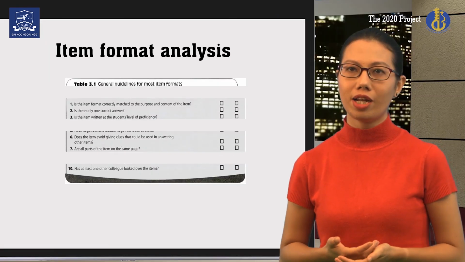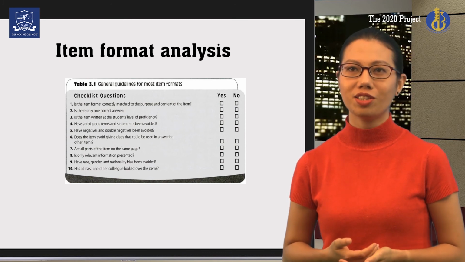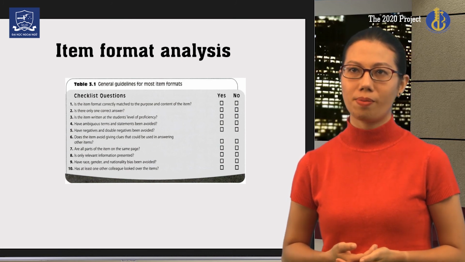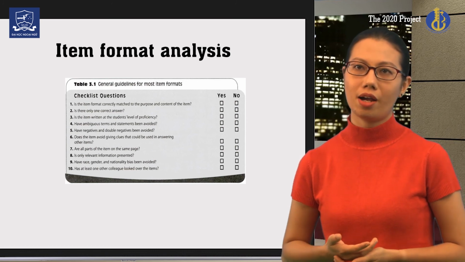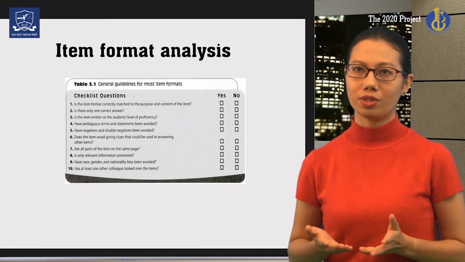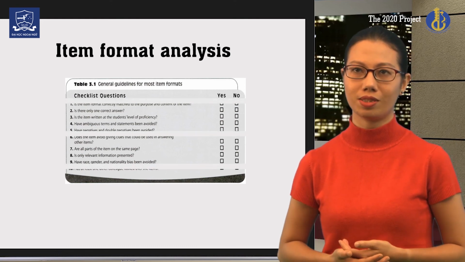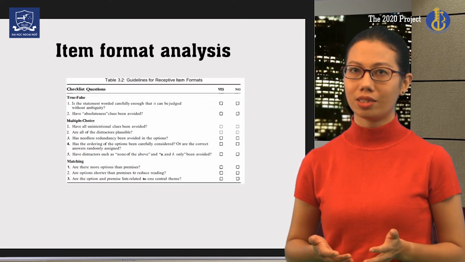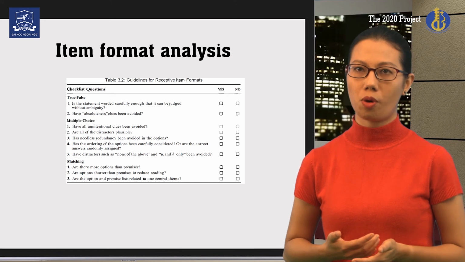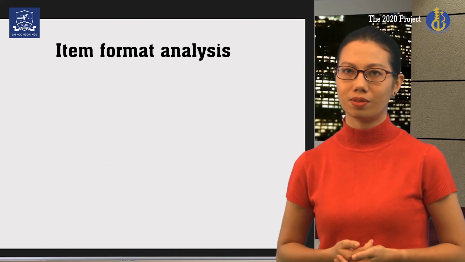The guidelines provided here are designed to help teachers make well-informed and relatively objective judgments about how well items are formatted. The first set of guidelines is a very general set that teachers can apply to virtually all types of items. A second set will help guide teachers to analyze receptive response item formats: true-false, multiple choice, and matching items.